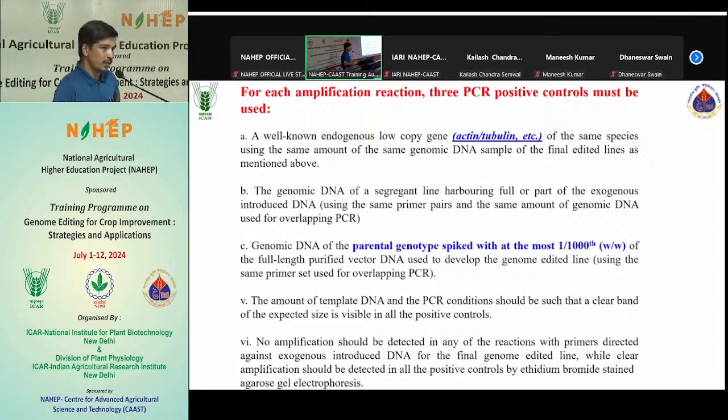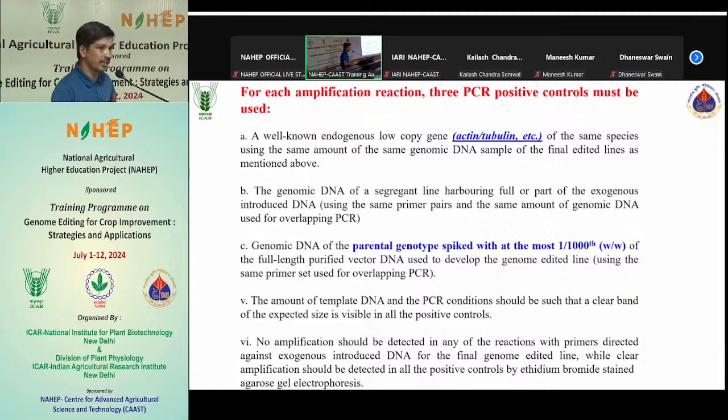For the positive control they mentioned whatever the parental genotype is, you have to spike it with your plasmid DNA at a ratio of almost 1:10,000 of the full length purified vector DNA used to develop the genome edited line, using the same primer set for overlapping PCR. And the amount of template DNA and PCR conditions should be such that a clear band of expected size is visible.